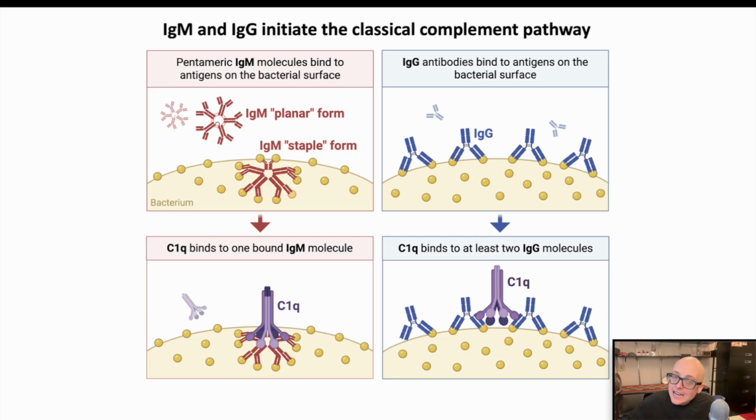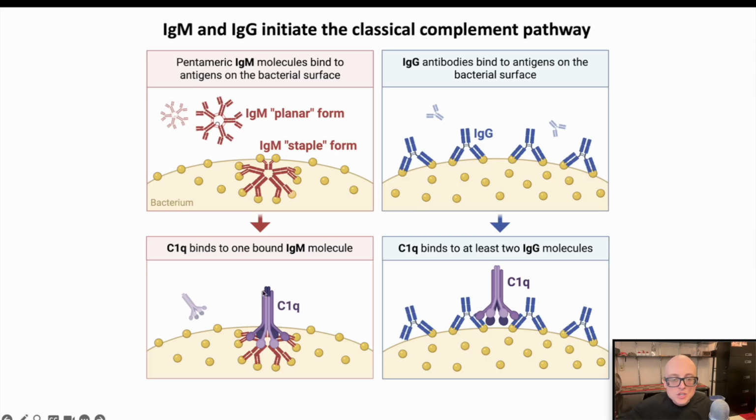So the two classes of antibody that can initiate the classical complement cascade are IgM and IgG, as you can see here. And this does not require Fc mu receptors or Fc gamma receptors. Instead, when these two classes of antibody bind to the surface of a bacterium or some other pathogen, they serve as a substrate for C1q to bind.